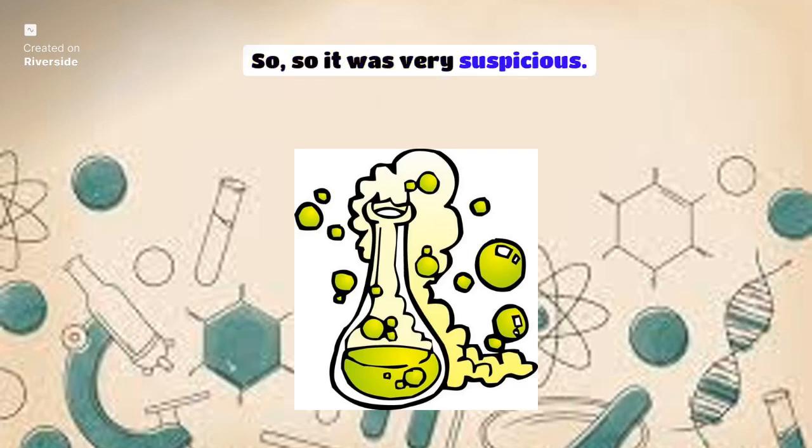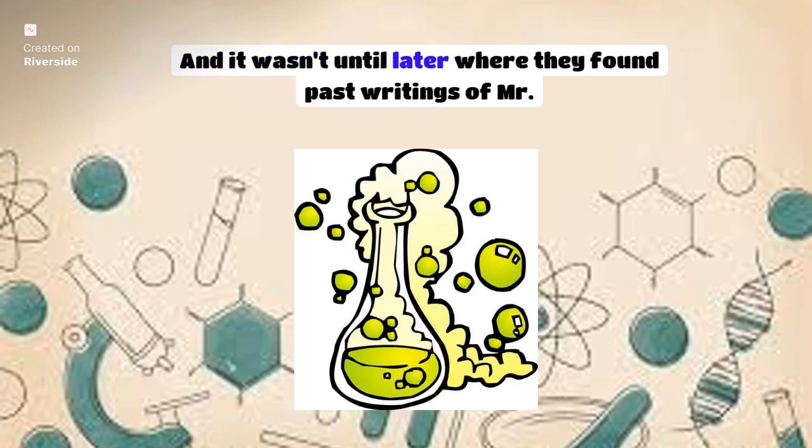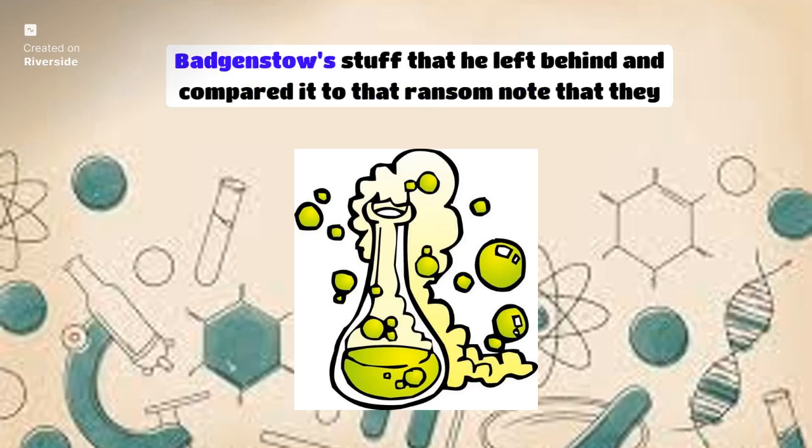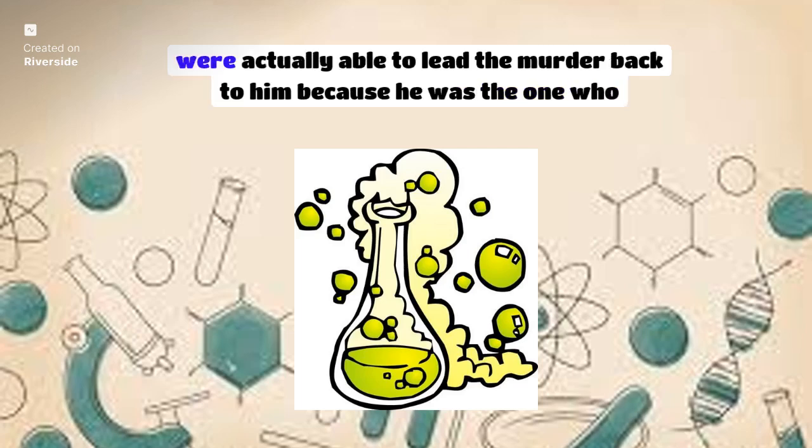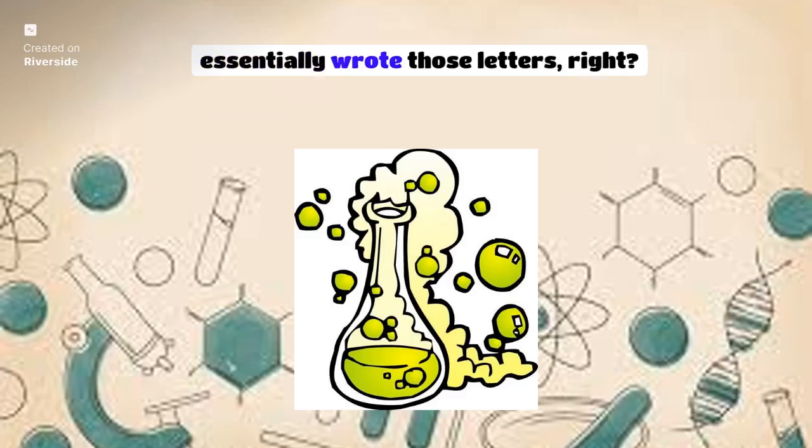So it was very suspicious, and it wasn't until later that they found past writings of Mr. Bagenstos that he left behind, and compared them to the note. They were actually able to lead the murder back to him, because he was the one who essentially wrote those letters, right?